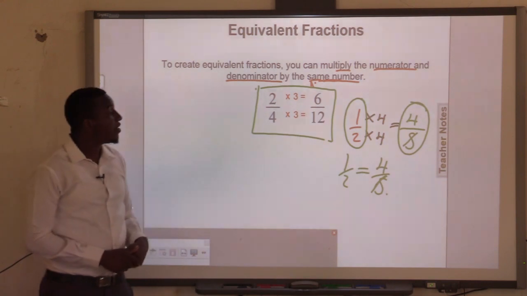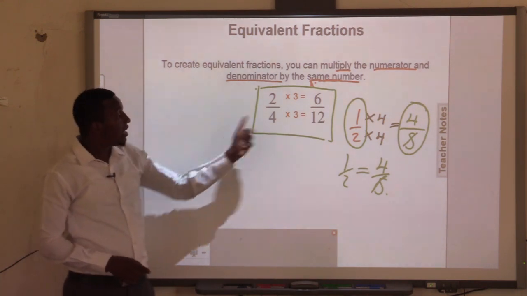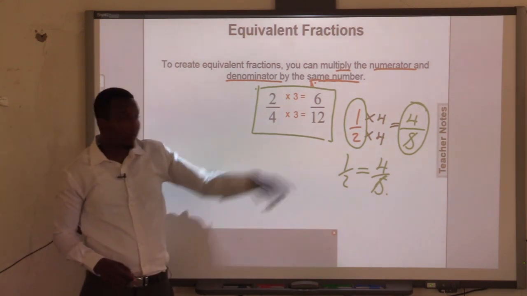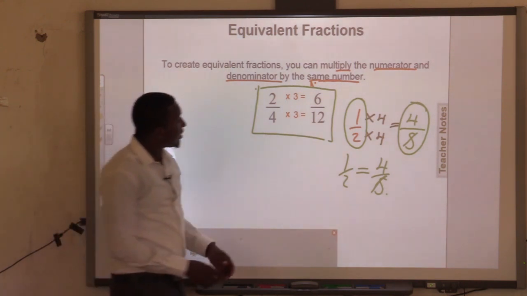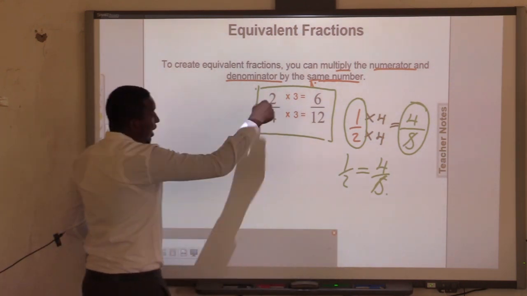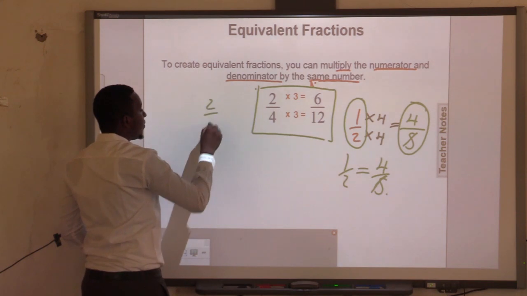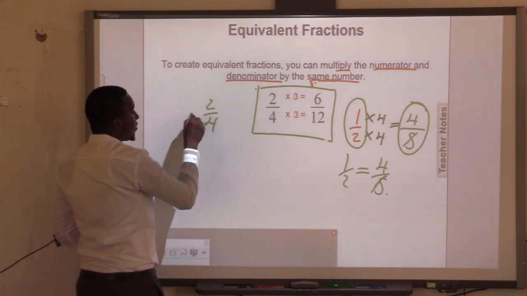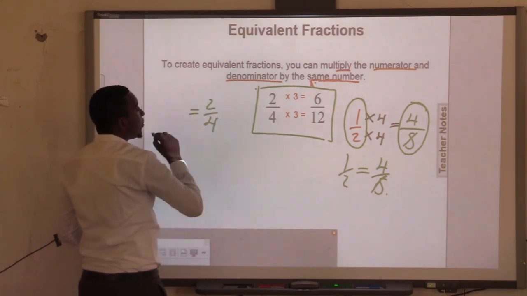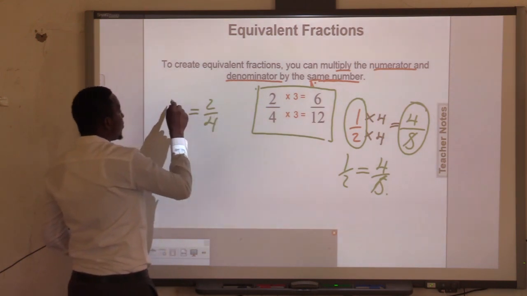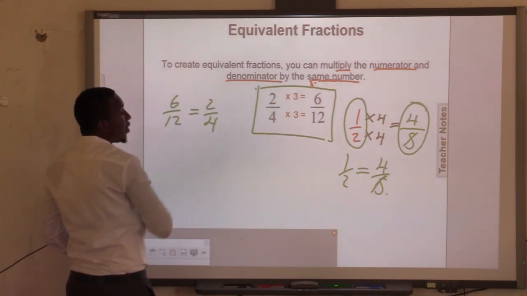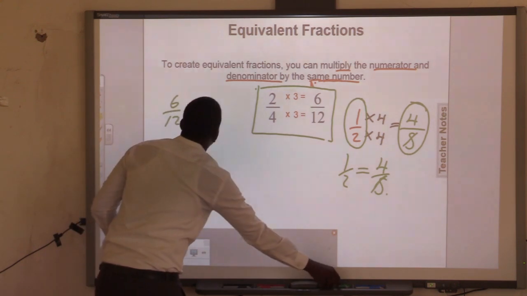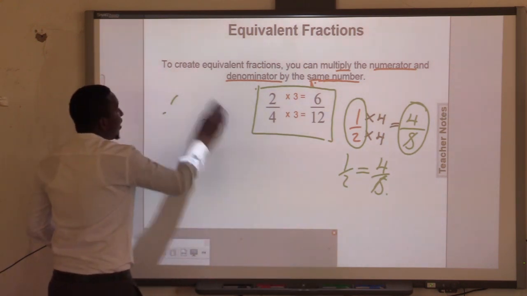And when you multiply 4, that is the denominator, by 3, the answer is 12. So we can say that the fraction 2/4 is equivalent to 6/12.